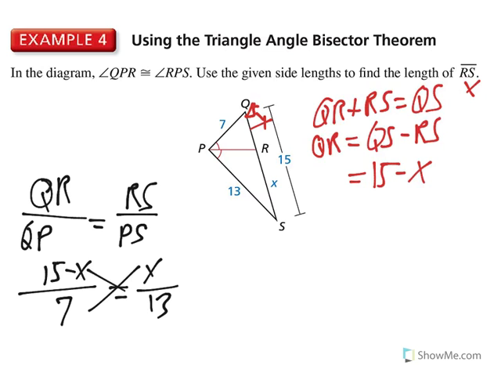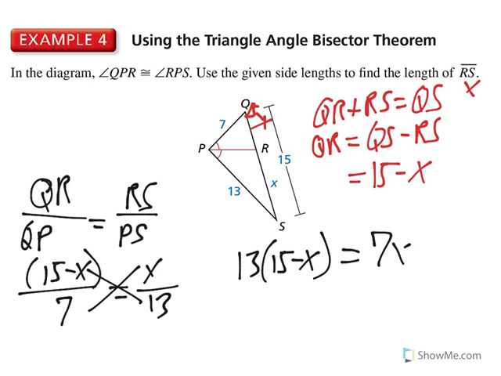So I'm going to cross multiply. Anytime that you have an addition or subtraction when you cross multiply, you should put that section in parentheses. So I would have 13 times my parentheses 15 minus X equals 7X. To solve this, I need to distribute my 13 inside. So when I do 13 times 15, I get 195 minus 13X is equal to 7X.